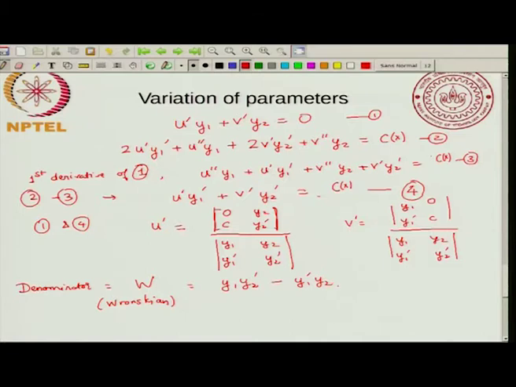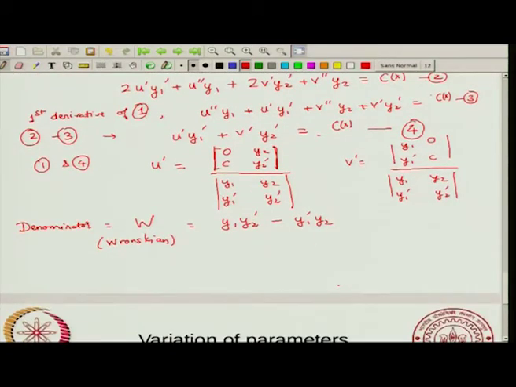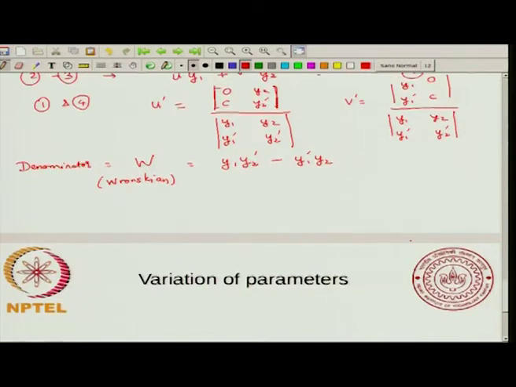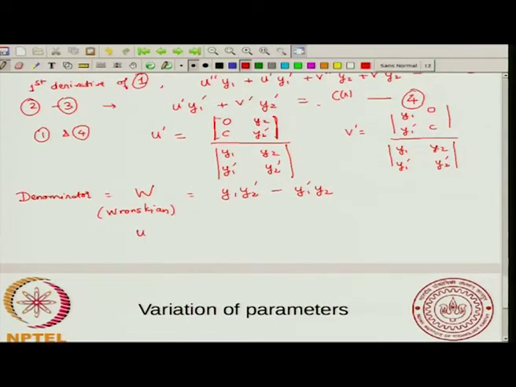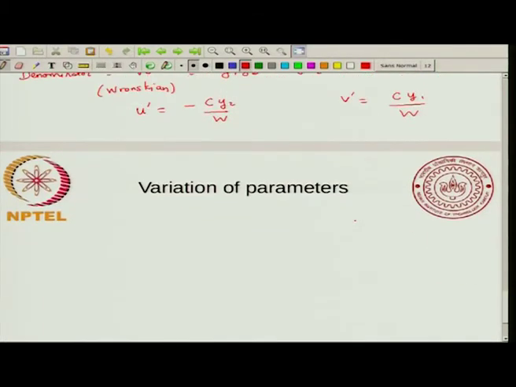And so you can write your u and v in the following form. u prime is equal to minus c y2 by W and v prime is equal to c y1 by W. So what this variation of parameters gives you is u equal to the integral of minus c y2 by W dx and v equal to the integral of c y1 by W dx.